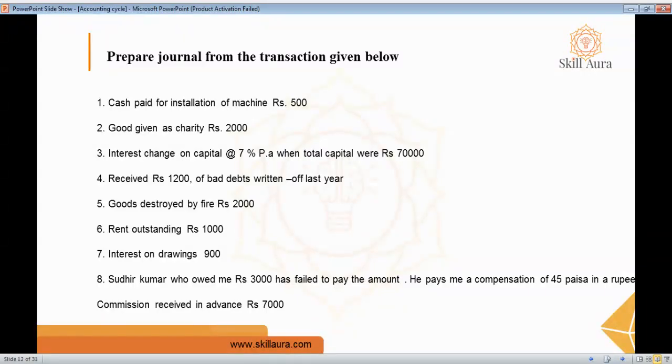We debit the cash account to record the amount received as commission in advance, 7000 rupees, and we credit the unearned revenue, which reflects the liability for providing the services or earning the commission in the future. So that will be 7000. This is how you enter and prepare the journal entries for the transactions.